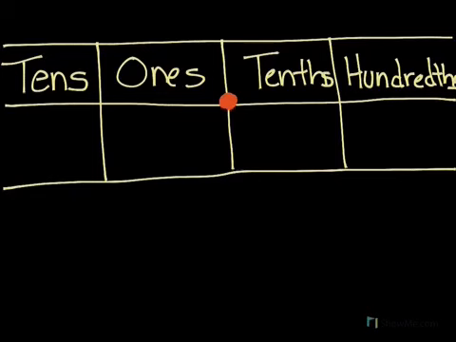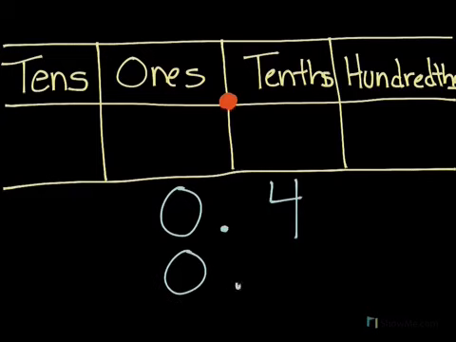You can use a place value chart to help compare your decimals. For example, we might have 4/10 and 40/100ths.